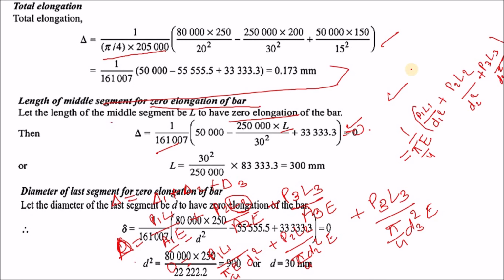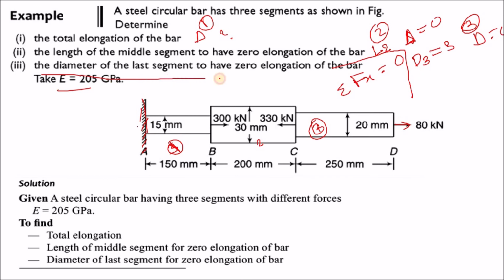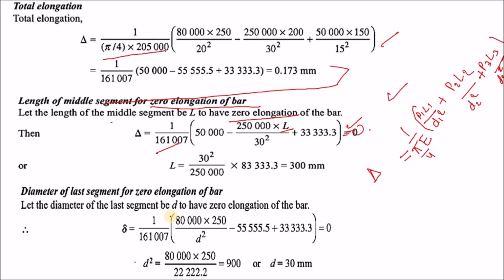The third one is asking to find out the diameter of the last segment. Now the third part, diameter of the last segment for 0 elongation of the bar. Let the diameter of the last segment be D. We assume the diameter of the last segment D has 0 elongation of the bar.